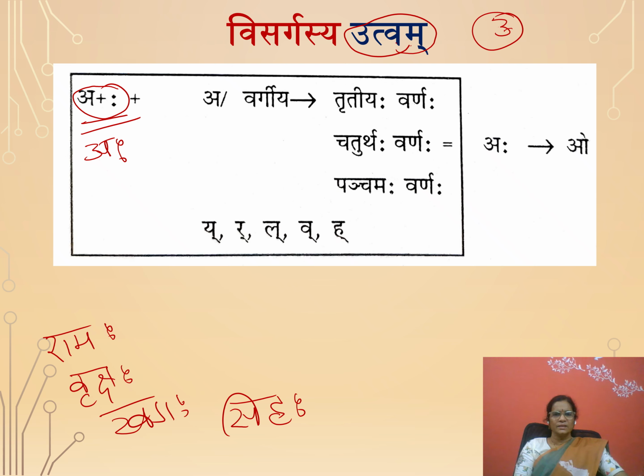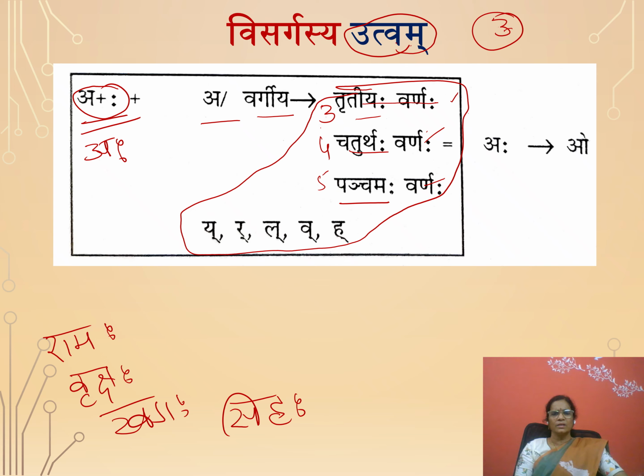Then if the second word starts with a or a Vargiya Tritiya, Chaturtha, Panchama Varnaha. Vargiya means related to each varga. Tritiya, third letter. Chaturtha, fourth letter. Panchama, fifth letter. And here also Ya, Ra, La, Va, Ha. That means all the letters given here are soft consonants.